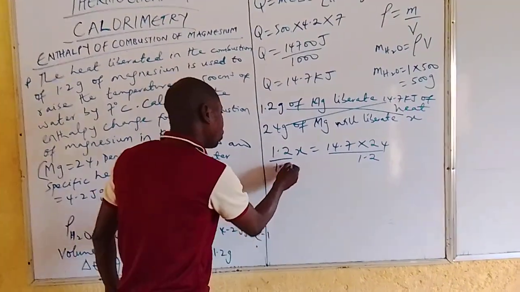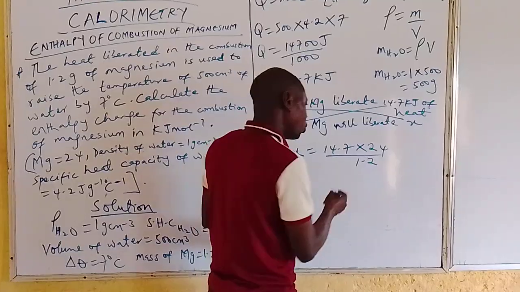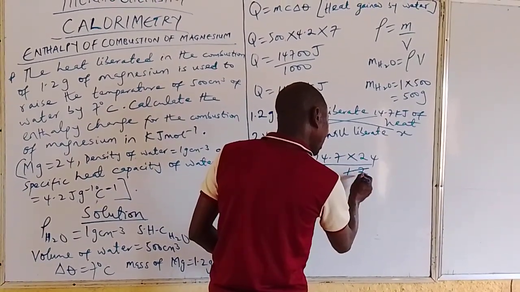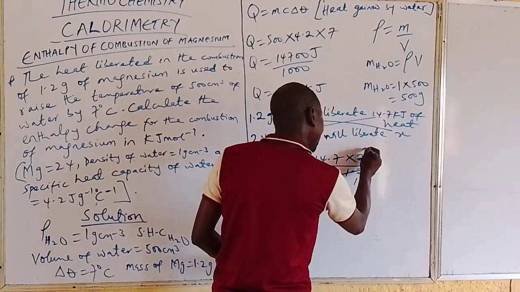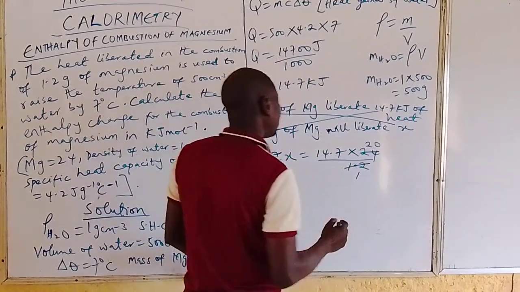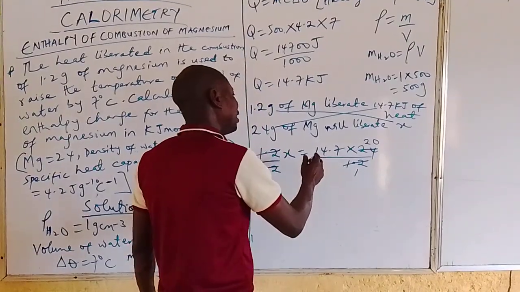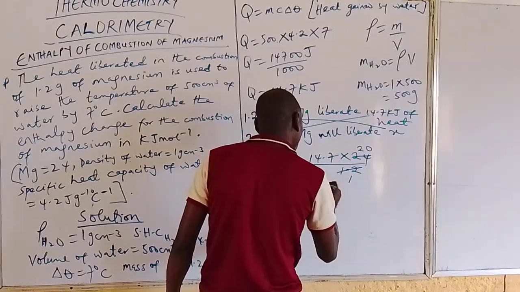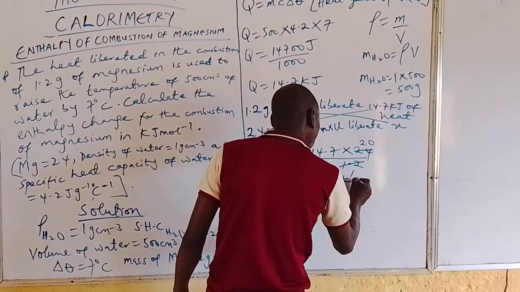So the next line of action is to do the division. How many 1.2 can we see here? That is 20. So we need to multiply this by 20. So when we multiply this by 20, X is equal to 294 kilojoules.